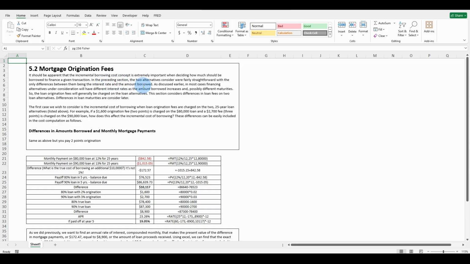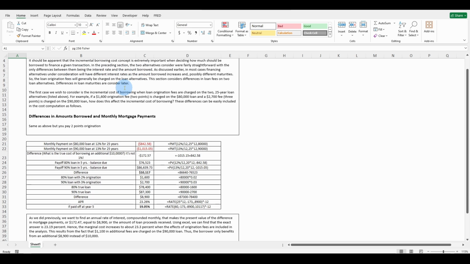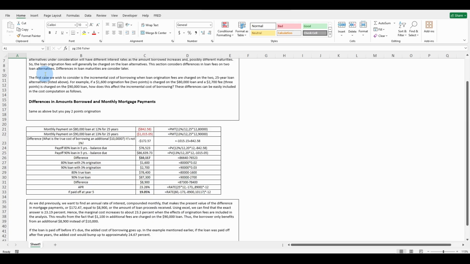As discussed earlier, in most cases, financing alternatives under consideration will have different interest rates as the amount borrowed increases and possibly different maturities. So loan origination fees will generally be charged on the loan alternatives. This section considers differences in loan fees on two loan alternatives. Differences in loan maturities are considered later.